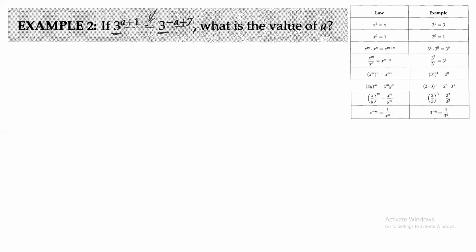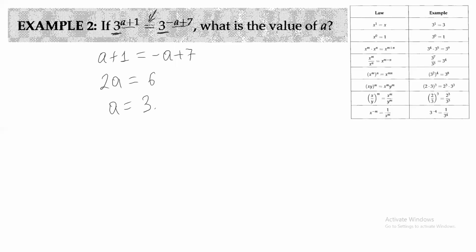So the power on the left hand side, a plus 1, should be equal to the power on the right hand side, minus a plus 7. We'll do a little operation here. It will be 2a is equal to 6, and a will be 3.